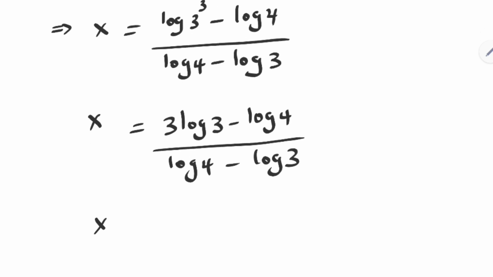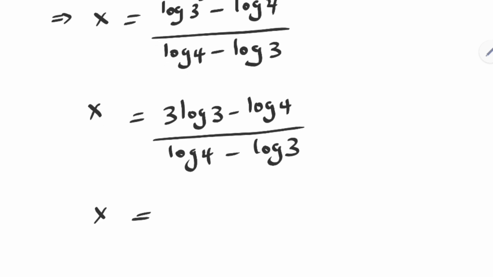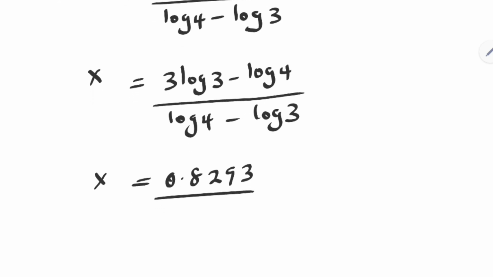Then x is equal to 3 log 3 minus log 4. This is 0.8293 over log 4 minus log 3. That is 0.1249.